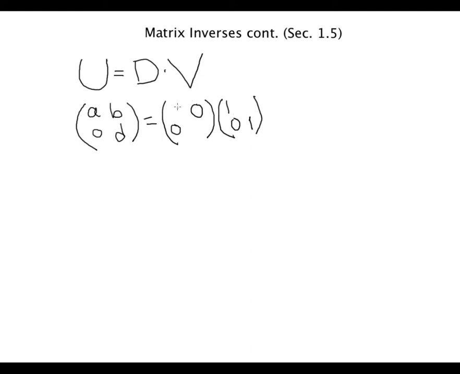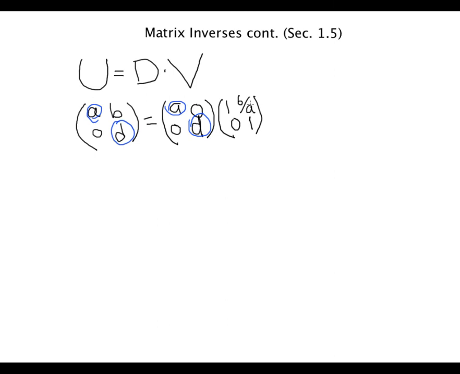Well, if you think about it, you'll see easily that the diagonal matrix has to be exactly this A, D, as I mentioned here. This A and this D just become the A and the D over here in the diagonal matrix. And then let's just see what's left. When you multiply these, you get A plus 0 is A. And when you multiply these, you get just A. And we're supposed to get B. So if you think about it, what you do is you put B over A right here.